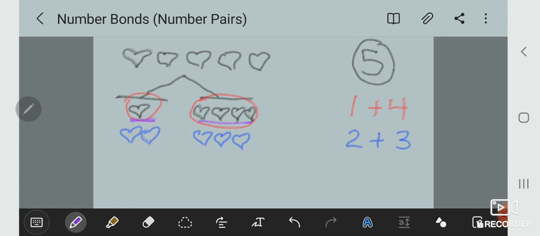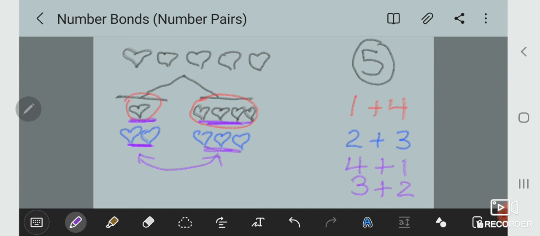So this 1 and 4 can also be 4 and 1. Now, even though you realize that it's the same thing that switch around, doing it with your child this way, eventually your child will realize, well, it doesn't make any sense just to switch around the numbers, right? Likewise, this one here, 2 and 3, when you switch it around, you can get 3 and 2, right?